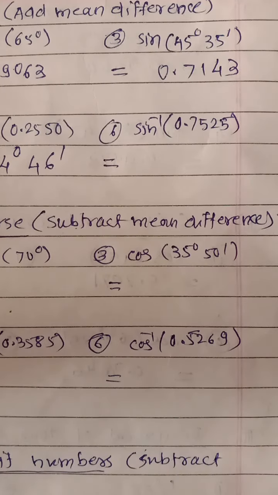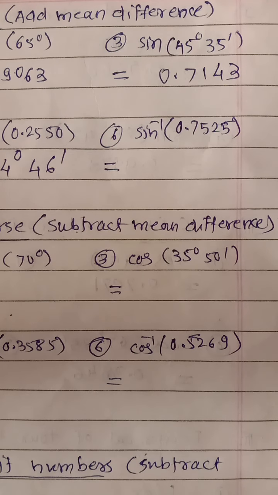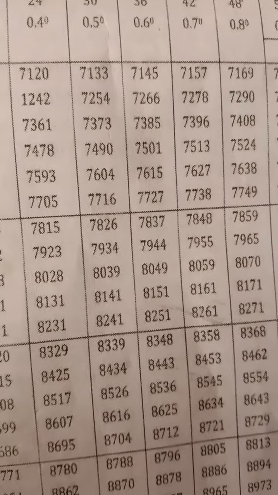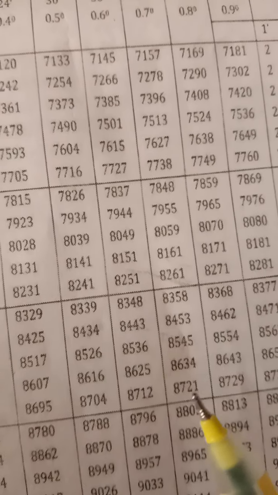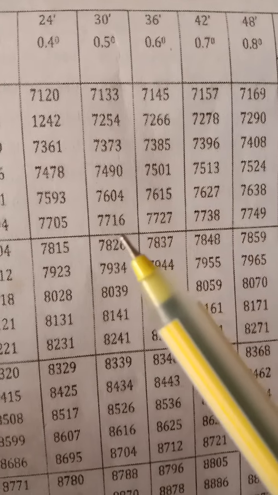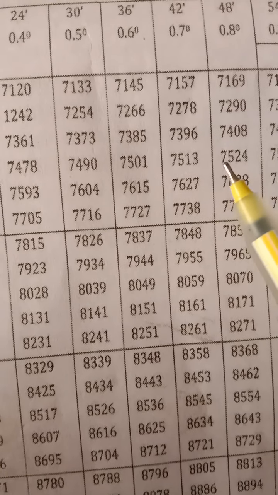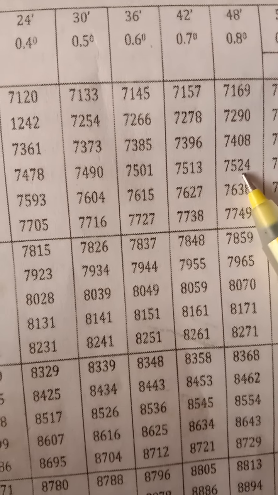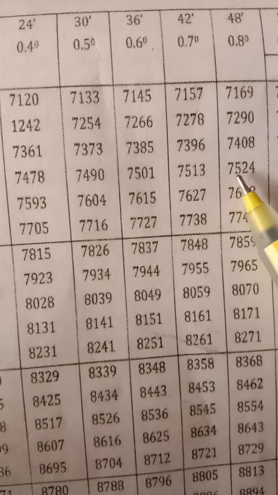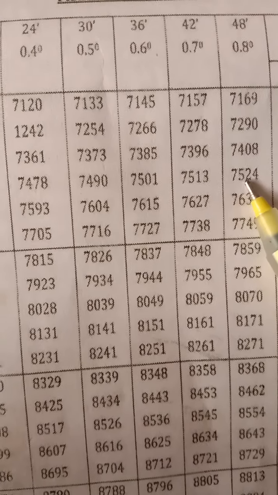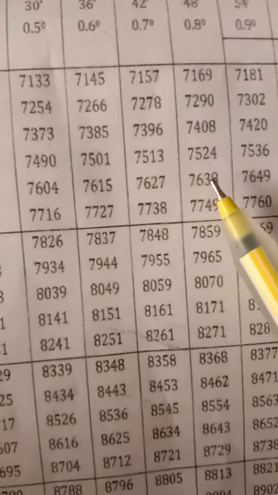Similarly, again we will consider another example. It is 0.7525. First of all, we will have to find that number. So here it will be 0.75, and further it is 25. Here it is 0.7524, which is close to 0.7525, and therefore only one mean difference will be there.